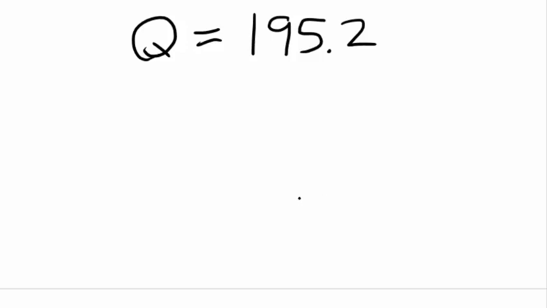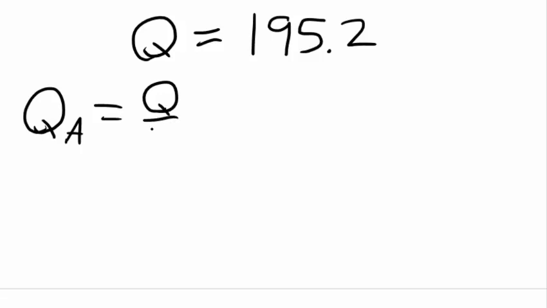We want to find the quantity for each individual firm. So since these two firms are cheating, they want to split the profits 50-50, which means they're also going to split the quantity 50-50. So what we'll do to find QA and QB is we'll have QA equals Q divided by 2.